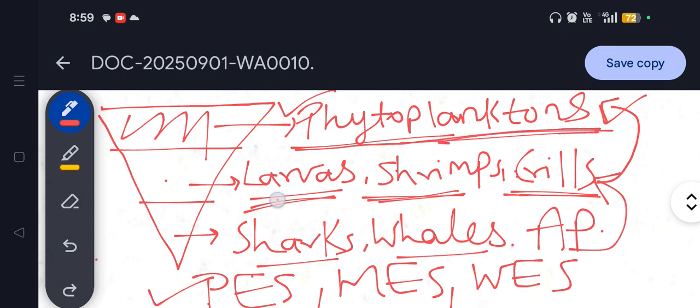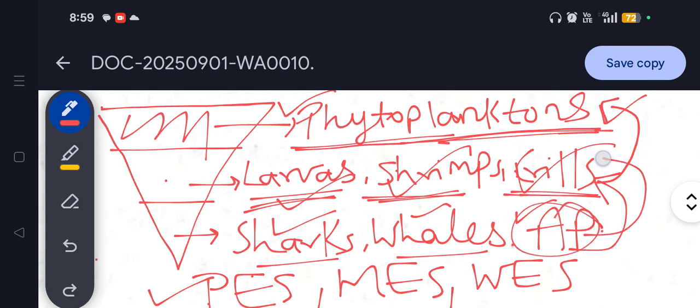But yes, larvae, shrimps, and krills, we can easily see them. And animals like sharks and whales, the apex predators, eat such krills, shrimps, larvae, as well as small fishes, and they complete the whole inverted pyramid cycle.